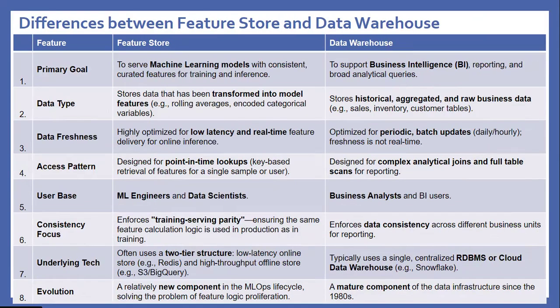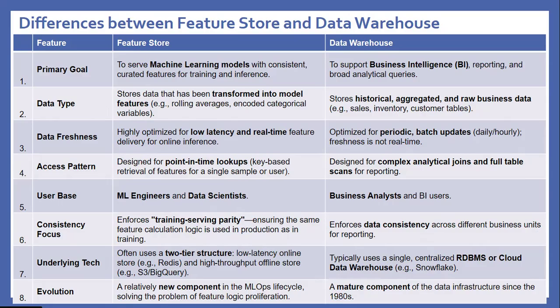Moving to the question: difference between feature store and data warehouse. Primary goal: a feature store serves machine learning models with consistent, curated features for training and inference. A data warehouse supports business intelligence, reporting, and broad analytical queries.